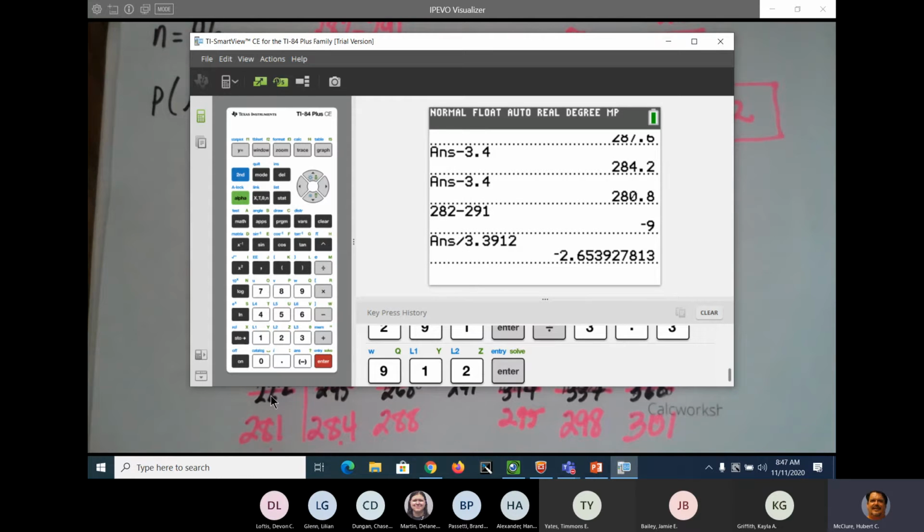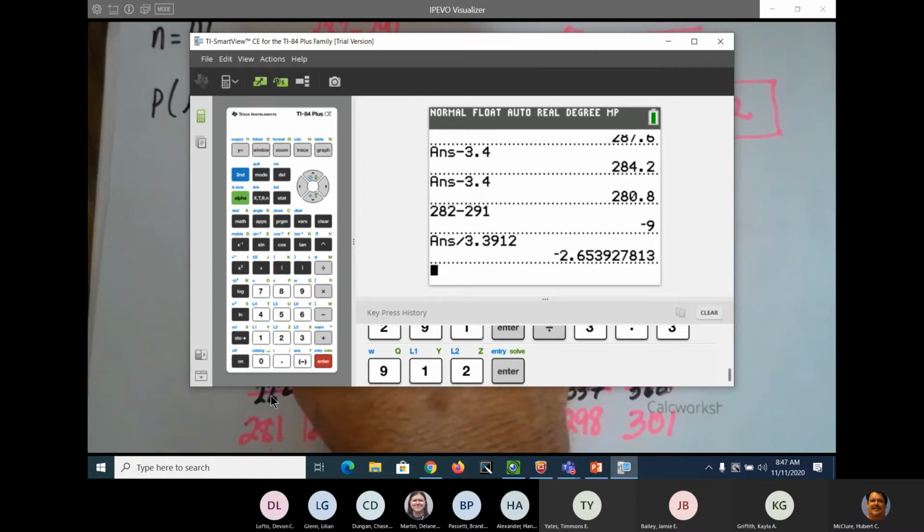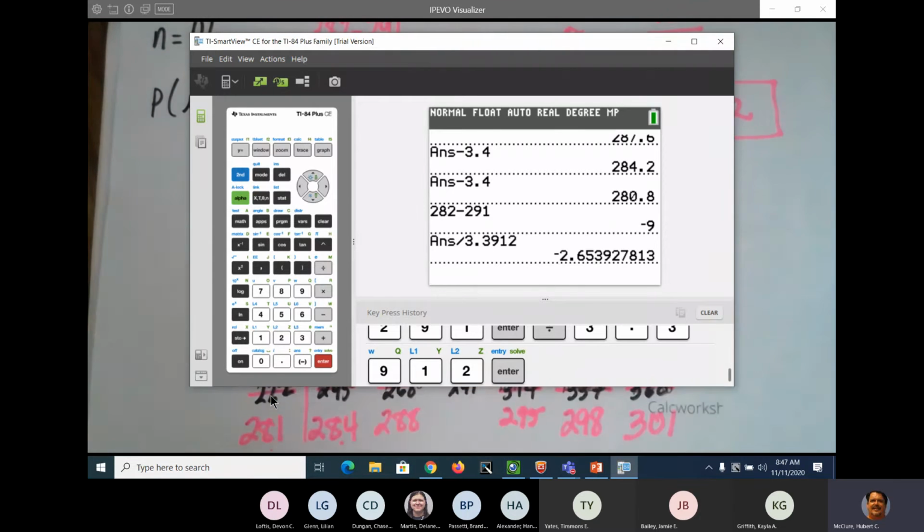Your new z-score is negative 2.65. So if you're using an old calculator, your new z-score for 282 is negative 2.65.